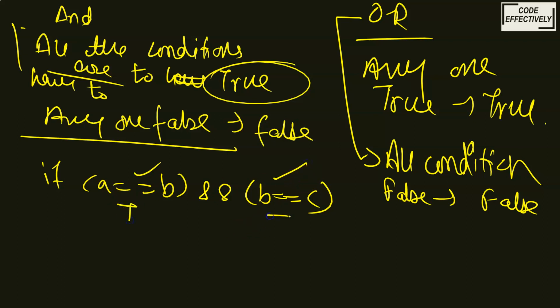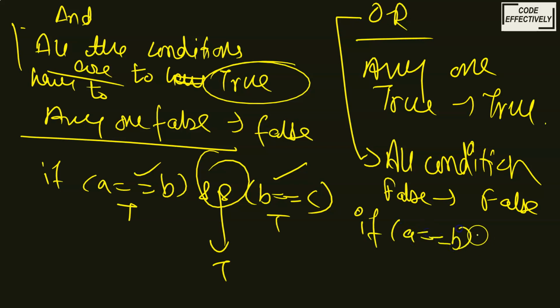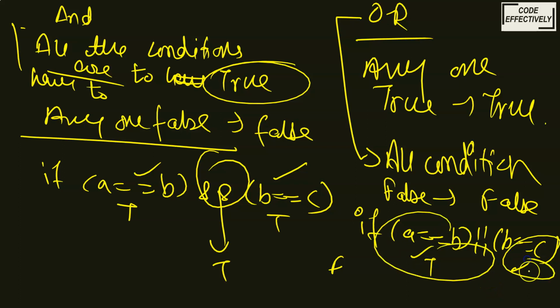Only then will AND return true, else it will return false. But had it been if A equals B or B equals C, then both conditions would have to be false for it to return false; if one of the conditions is true, it will return true. This is all about logical and relational operators.